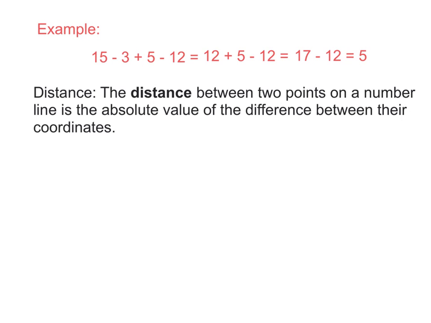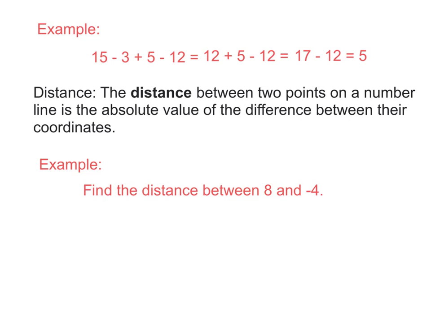Now, as you know, we talk a lot about using the number line in doing these operations. And often we're asked to find the distance between two points on a number line. If you are asked that question, the distance is the absolute value of the difference between their coordinates. I'll explain that with an example.